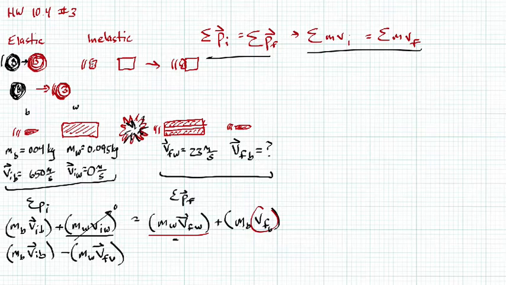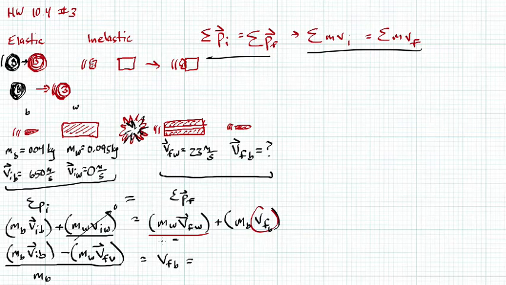And then what do we do to get this mass of the bullet away? Well, we divide. So that's going to be divided under everything here. Mass of the bullet equals our final velocity of the bullet. Pretty straightforward, right? Total initial momentum equals total final momentum.